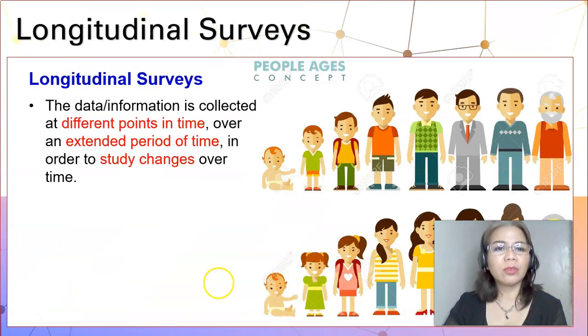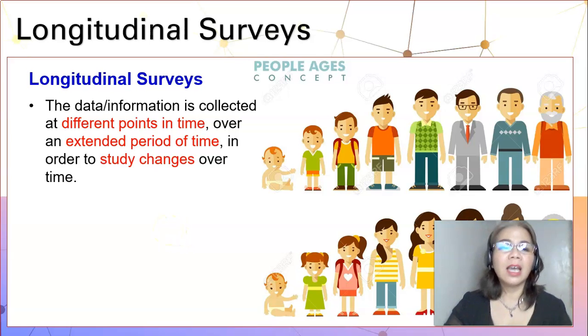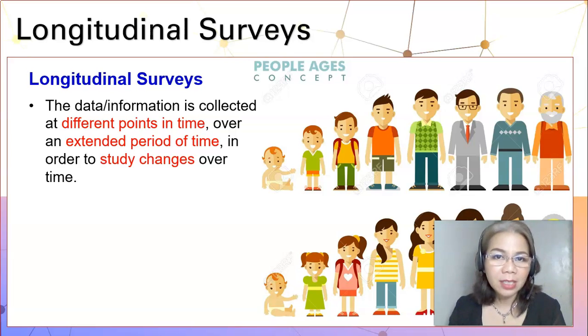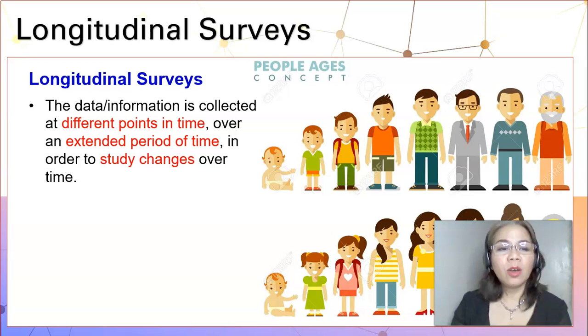Now let's go to longitudinal survey. In longitudinal survey, the data or information is collected at different points in time, or the collection of data can be done over an extended period of time in order to study the changes of the sample over a period of time. Unlike in cross-sectional study, we only collect the data at one time.